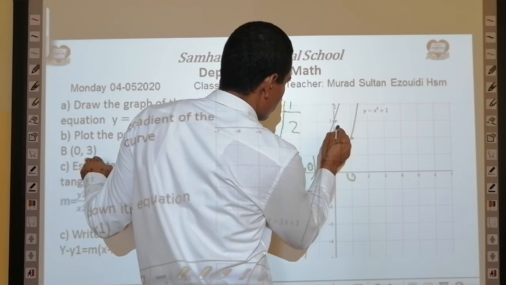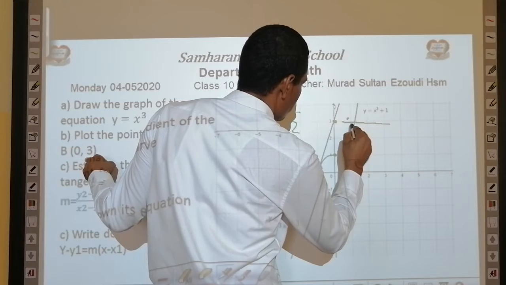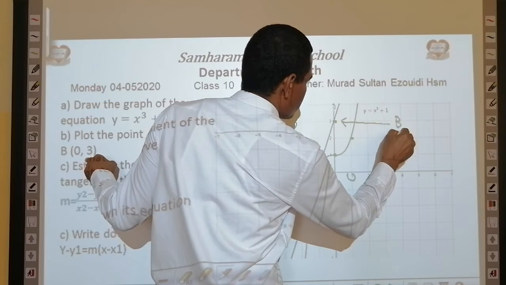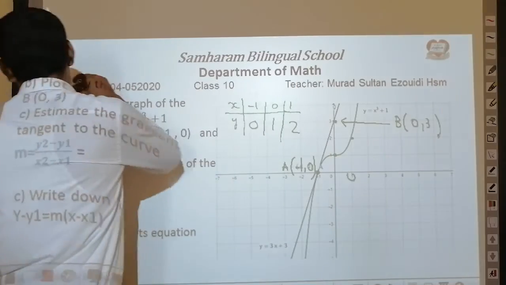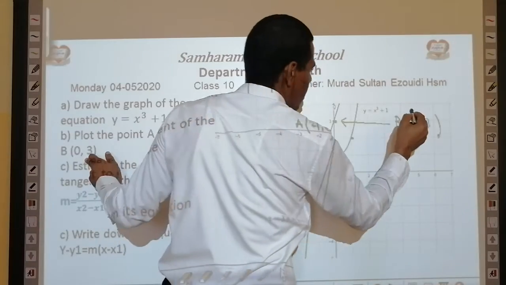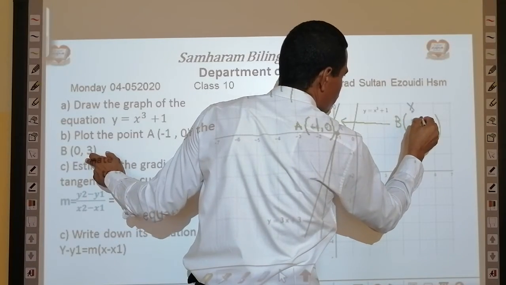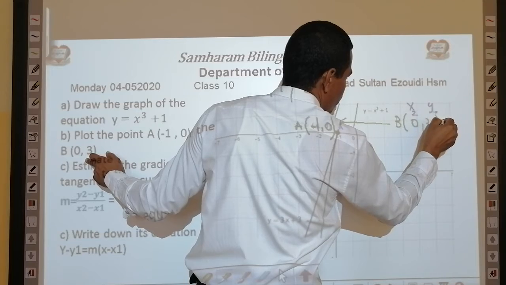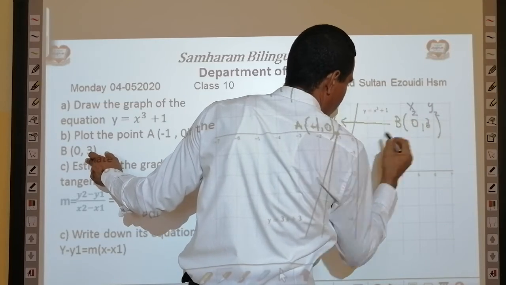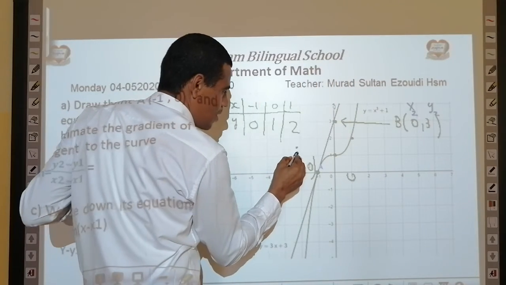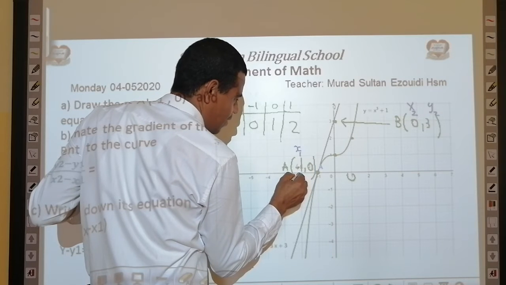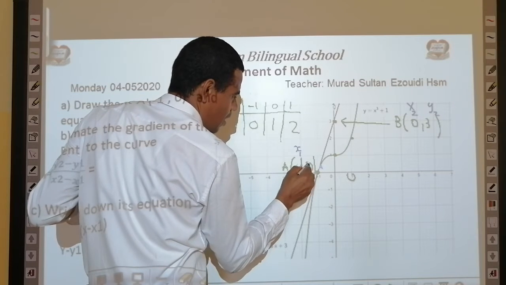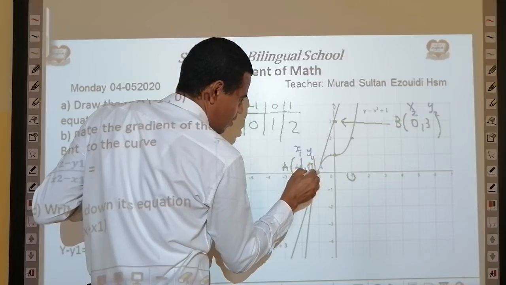This one is the point B of coordinates (0, 3). Okay. I will label this, my learners, as x2. This is y2, meaning x2 equals 0, y2 equals 3. And this one I will label as what? As x1. x1 equals negative 1. Okay. And y1 equals 0.